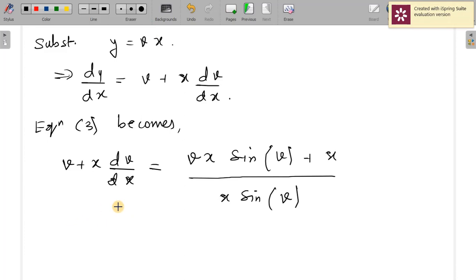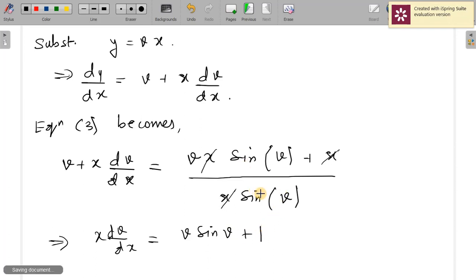So this is what we get, and from there I can take this x common, which gets cancelled with this, and so you have v sine v plus 1. So this is same as x dv by dx plus v, take this v to the other side, v sine of v plus 1 from here, and when you are taking it to the other side it appears as minus v.